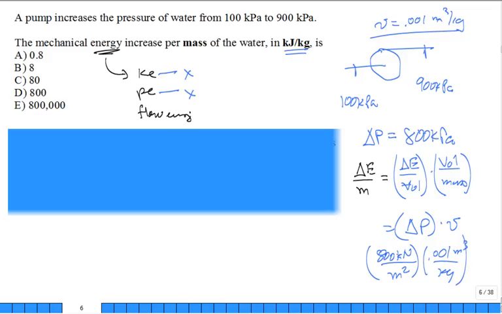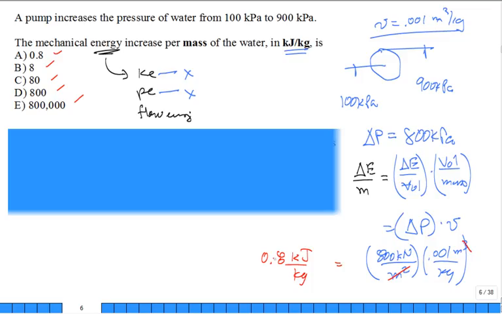I get a kilonewton times one of the meters left over. That's going to give me a kilojoule per kilogram. So what is the best answer? A, B, C, D, or E? A. The best answer is 0.8 kilojoules per kilogram.